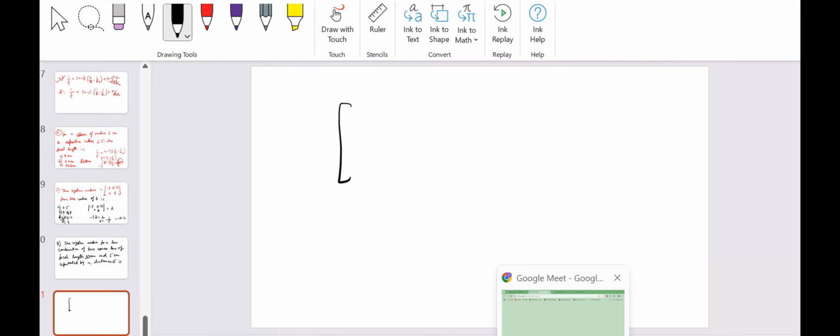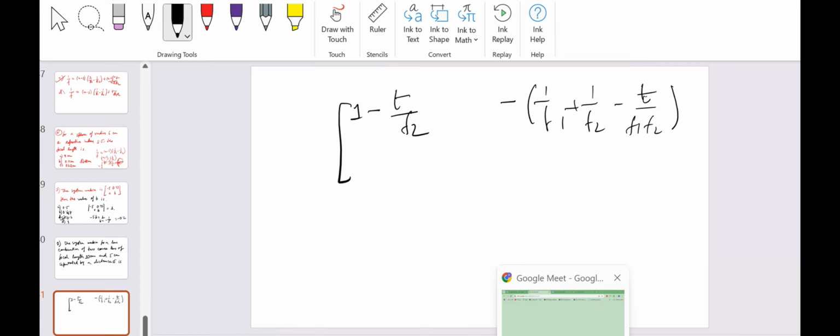So we know the system matrix would be 1 minus t by f2, then minus 1 by f1 plus 1 by f2 minus t by f1 f2, t, 1 minus t by f1. So we know t is 15, f1 is 10 centimeter and f2 is 5.